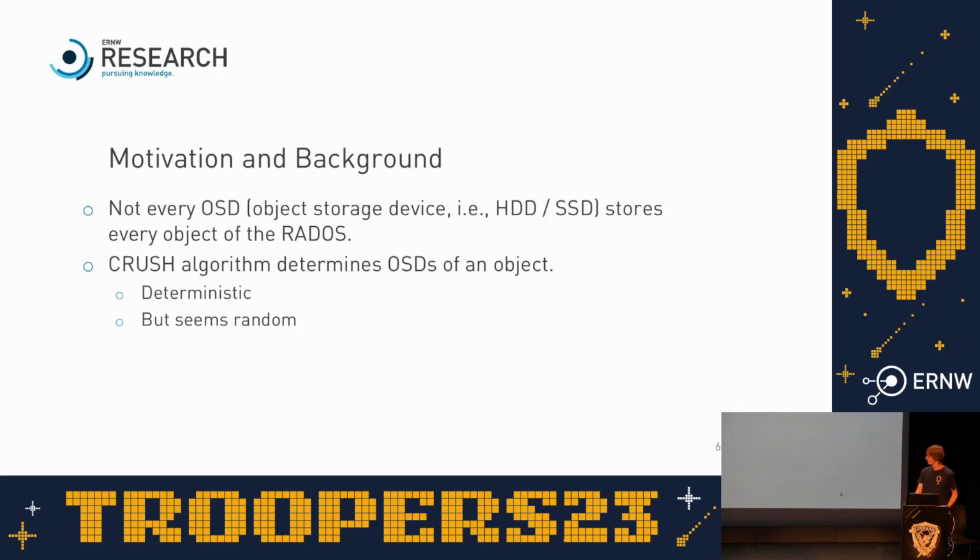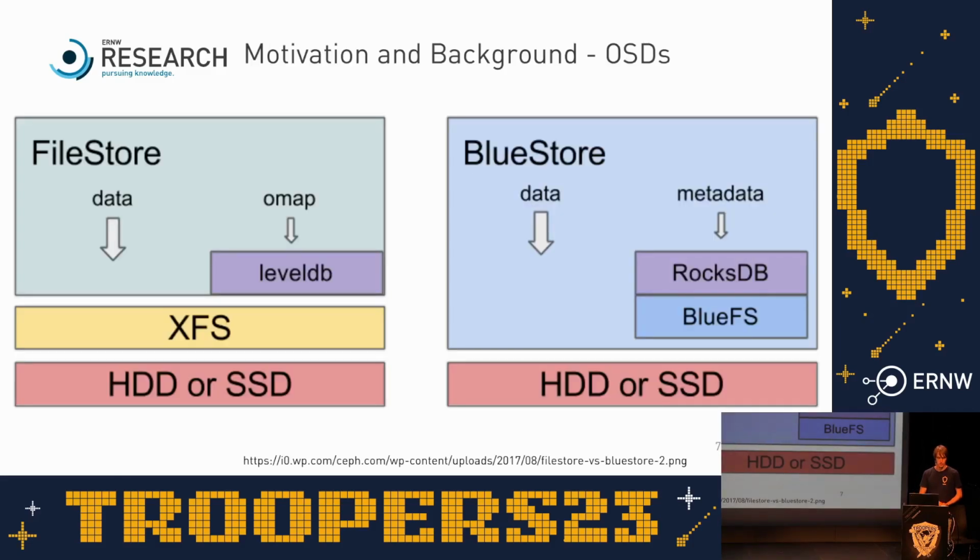And as I said before, Ceph changed the implementation of how the data is stored on the OSDs. Before BlueStore, there was something called FileStore. There they used an XFS file system on every OSD, and each object that was stored in this OSD was basically just a file in there.